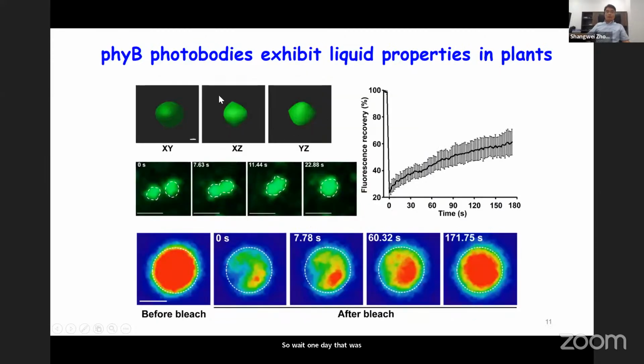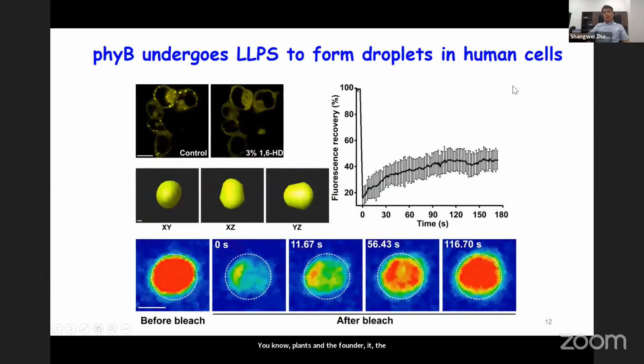We examined the properties of phyB photobodies in plants and found they exhibit the classical liquid properties. We also expressed phyB in human cells, and we found these phyB photobodies also have liquid properties. So phyB likely undergoes liquid-liquid phase separation to form these droplets.